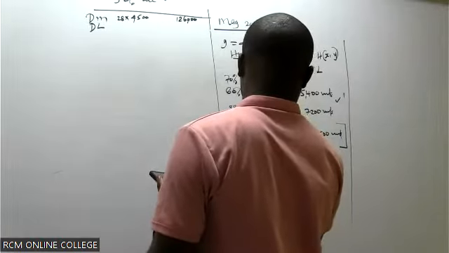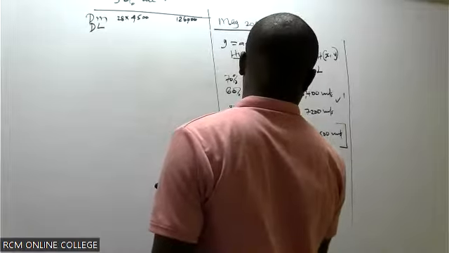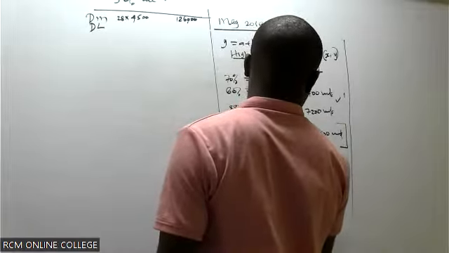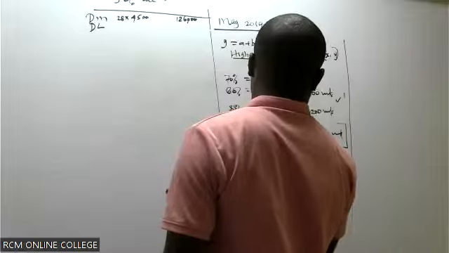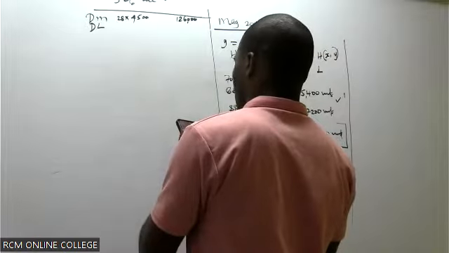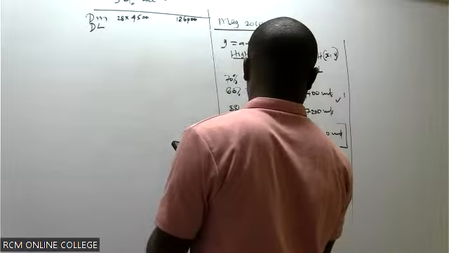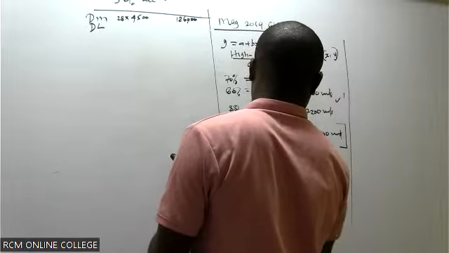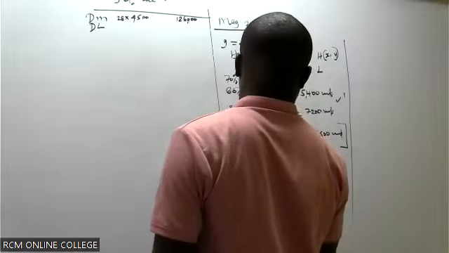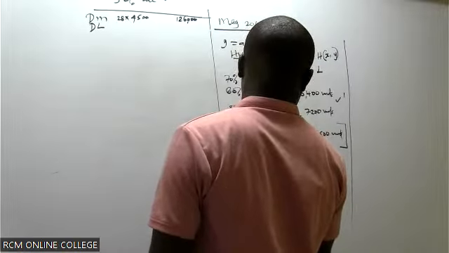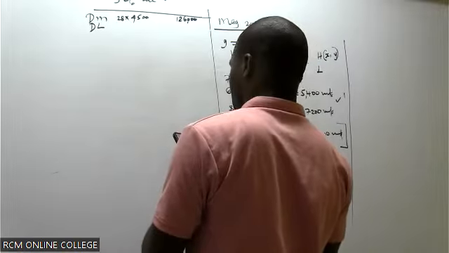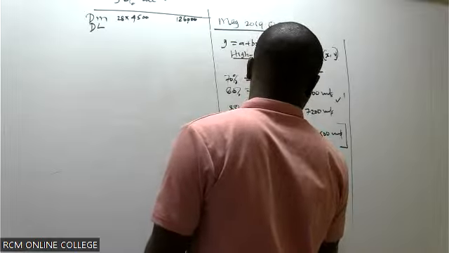Sorry, it is X first. Then low will be 64,800. I'm really confusing these things. 5,400, 64,800.